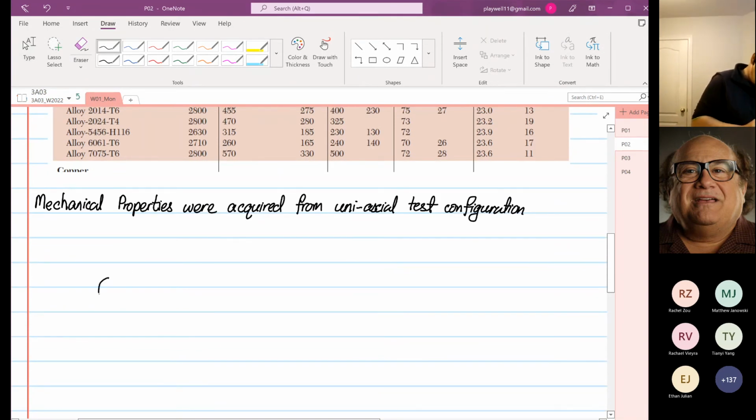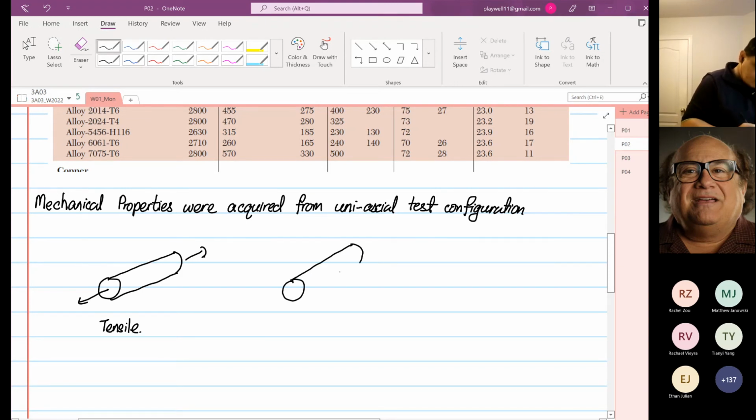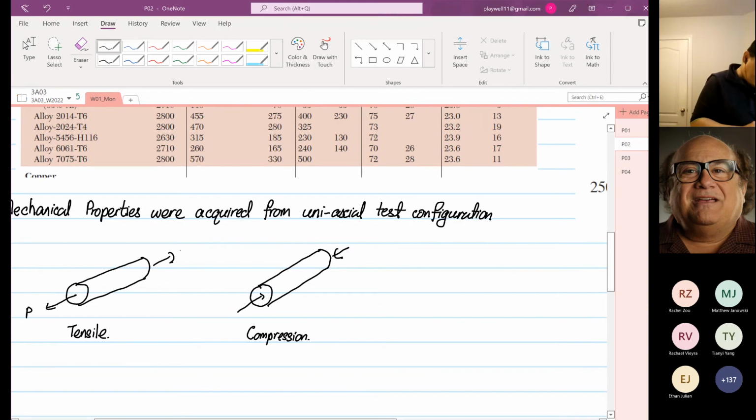So in tensile, you just pull. We know this, you guys have seen this before. And when they want to do compression, they just push them together. They get the compression data. So this is our coupled load.